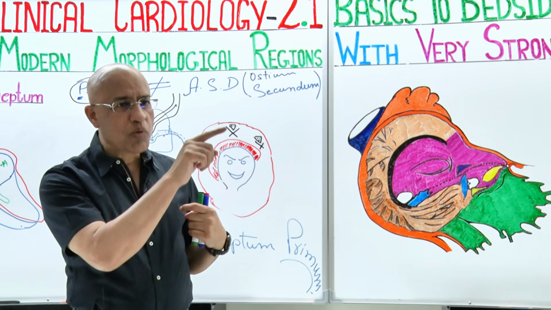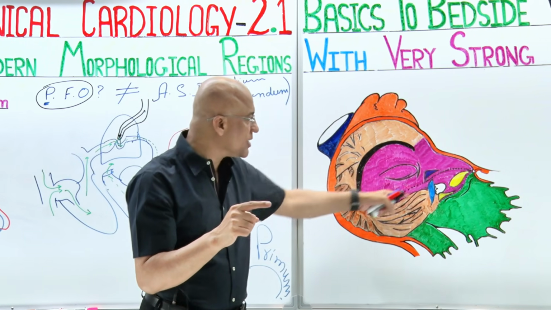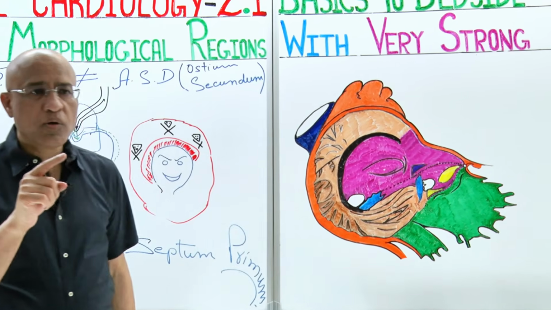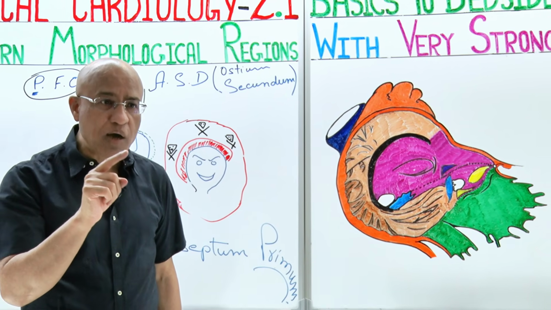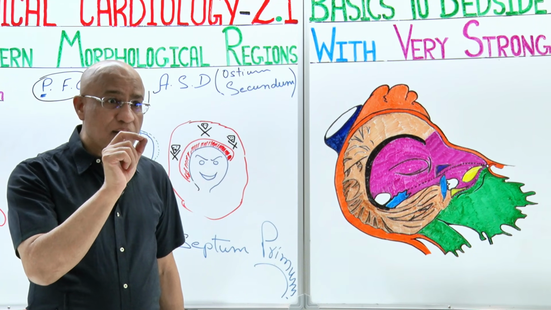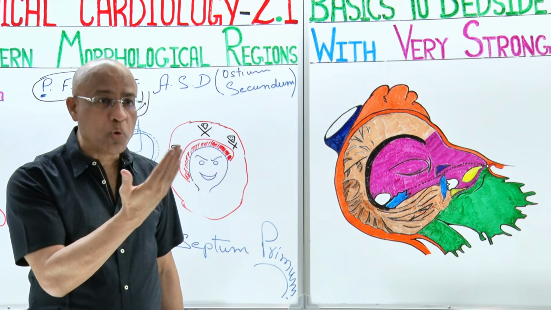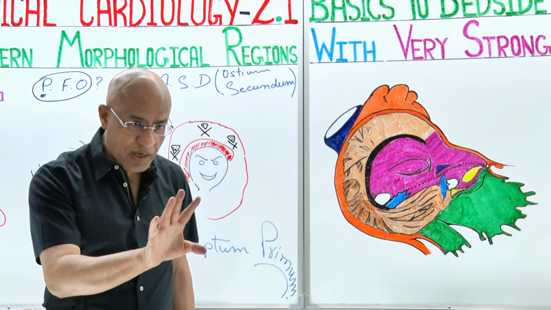In that wall, you will find a little depression. If this is the medial wall, here is the depression, and this depression is called fossa ovalis. And this fossa ovalis was originally the foramen ovale, which is now closed by the septum primum, right?